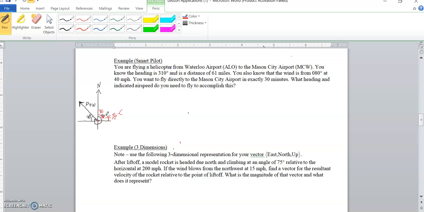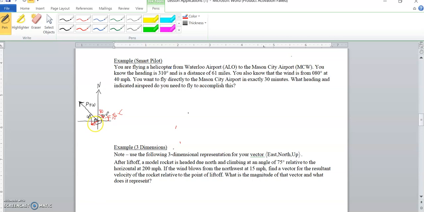Which means that the wind itself, I'm going to draw it short, just like I did in class, because the length of the vector does truly represent the vector itself. So if P plus W, this whole thing, is the speed of the plane plus the wind, the wind itself is just a section of that.